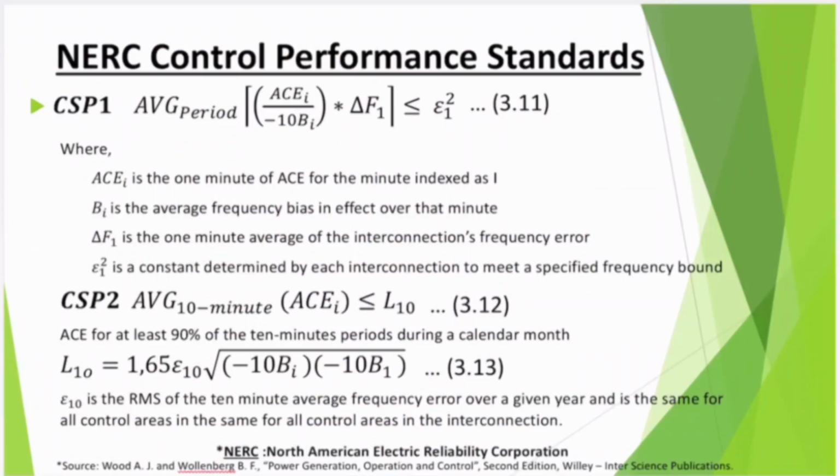So the first control performance standard, CPS1, says the average over the period of ACE_i divided by minus 10 B_i times delta F_1 must be less than or equal to epsilon 1 squared, where ACE_i is the 1 minute average of ACE for the minute indexed as i, B_i is the average frequency bias in effect over that minute, delta F_1 is the 1 minute average of the interconnection frequency error, and epsilon 1 squared is a constant determined by each interconnection to meet a specified frequency bound.